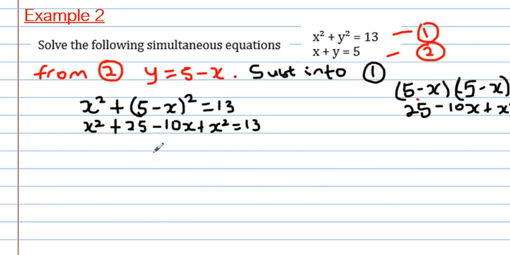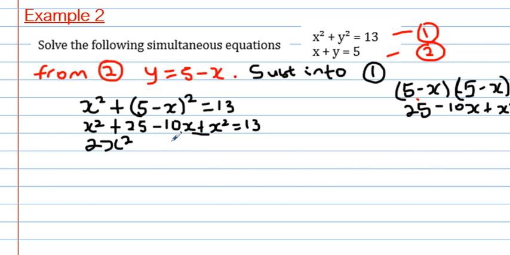Now we tidy up. If we tidy up, we're going to have x squared plus x squared, that'll give you 2x squared. This 13 is going to move to the other side. So you're going to have 25 take away 13, and that'll give you 12.